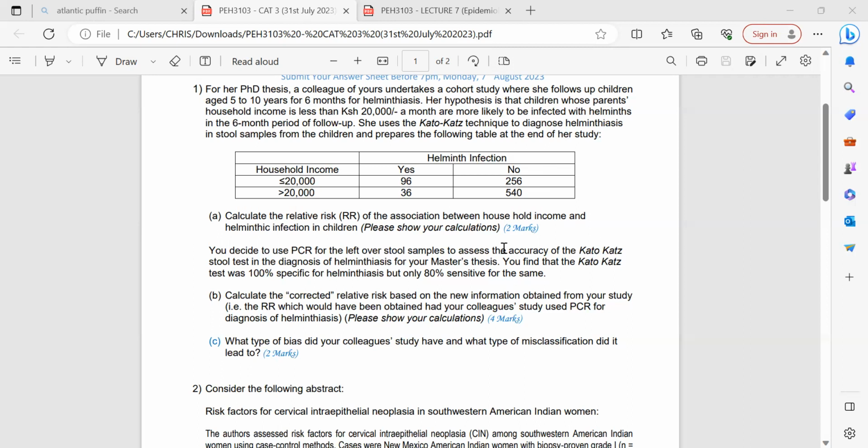The test captured everything, and the sensitivity was 80%, and since the specificity was 100%, it means it took the 20% to the other side. Everything was captured on the other side. Yes, I agree with you.